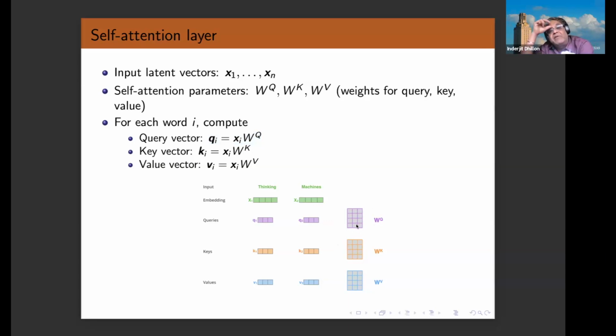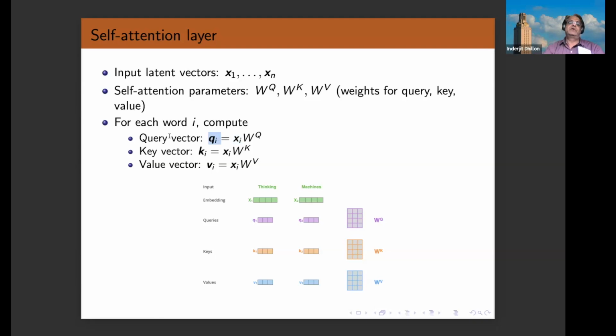It's a rectangular matrix because it is transforming a 4-dimensional vector to a 3-dimensional vector. So the dimensionality of xi and qi can be different, and typically is different.